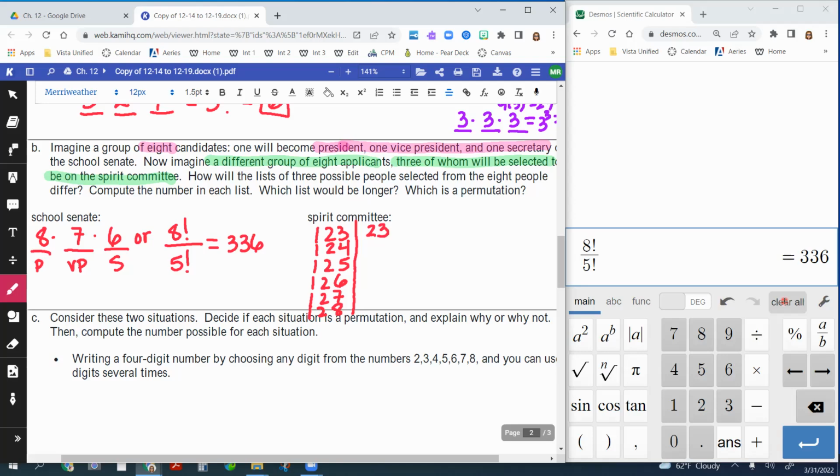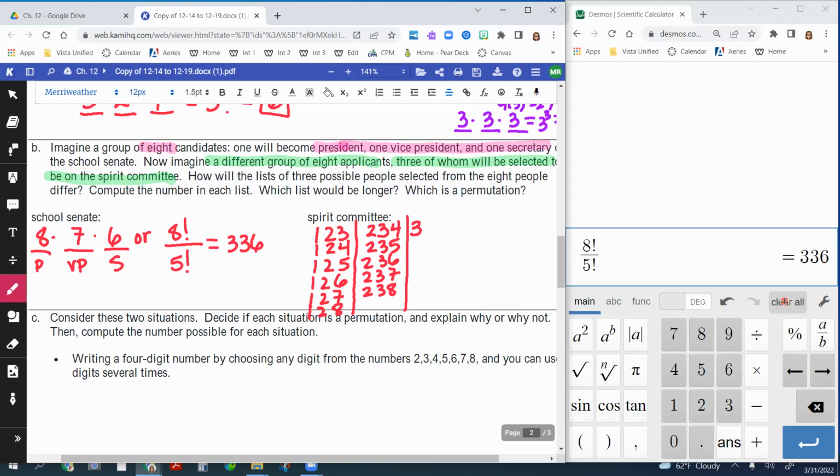Now I'm going to do 2 and 3 with everybody. So I could do 2, 3, and 1, but I've already gotten that. So 2, 3, and 4, 2, 3, and 5, 2, 3, and 6, 2, 3, and 7, 2, 3, and 8. Okay.